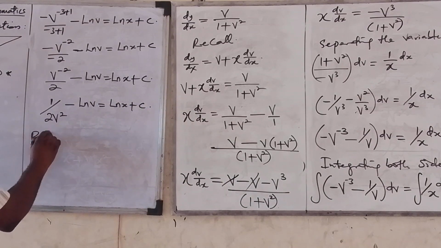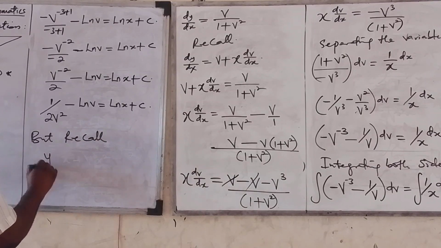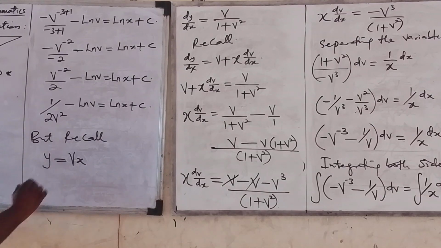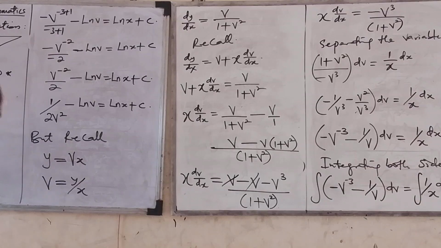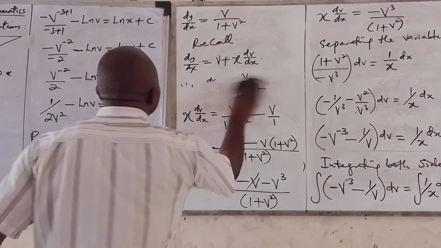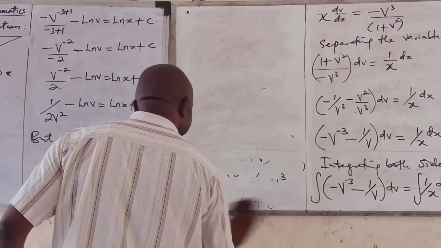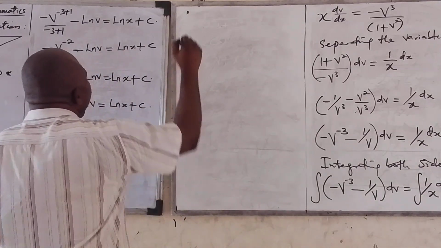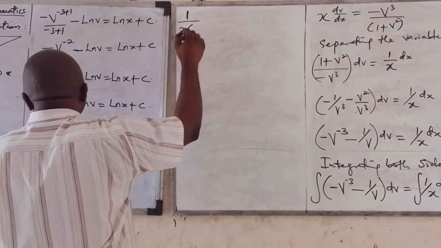But recall, yes, y is equal to vx. And if y is equal to vx, it means our v will be equal to y all over x. Yes, v is y all over x. So it means the whole of this now will be equal to 1 all over 2 in brackets, v is y all over x.